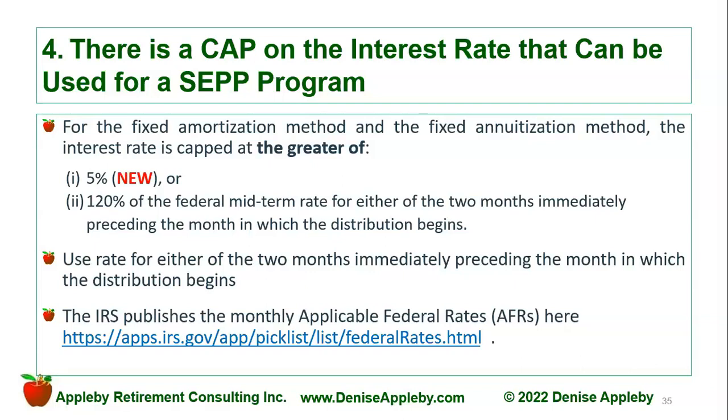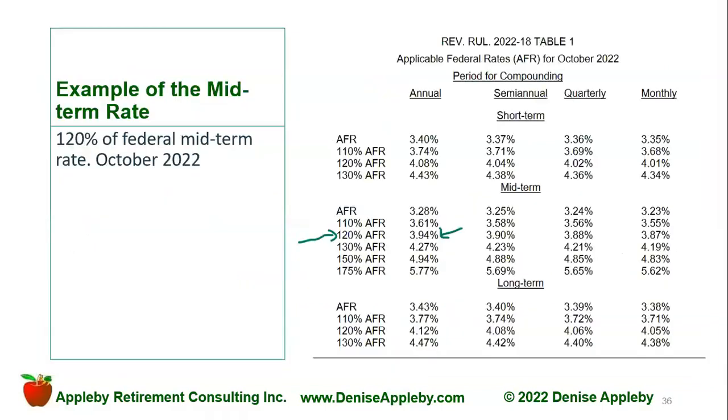Now, how do you get the 120% of the federal mid-term rate? Well, the IRS publishes that rate every month, and here I've included a link to the location where the IRS publishes and stores these online. Now let's take a look at an example.